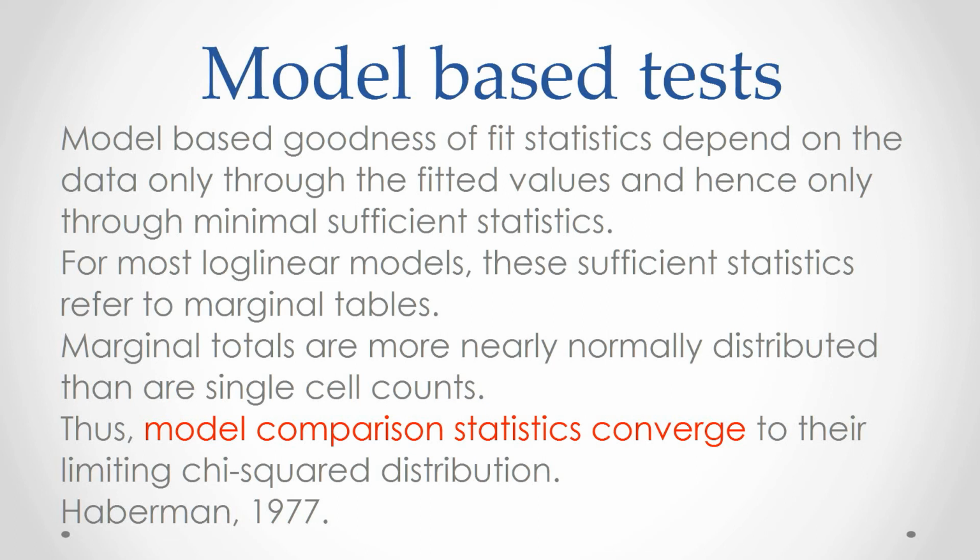Thus, the chi-squared statistics for comparing two models will tend to converge to the limiting chi-square distribution more quickly than the chi-squares for testing goodness of fit of a single model, as these will also depend on the individual cell counts. Theoretical justification for this is provided by Haberman in his 1977 paper.